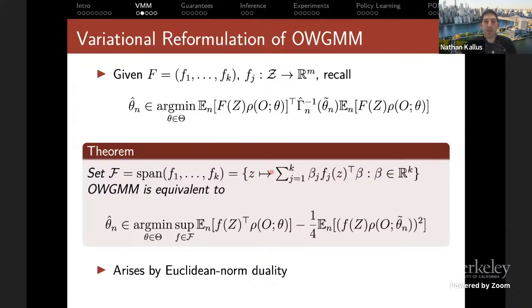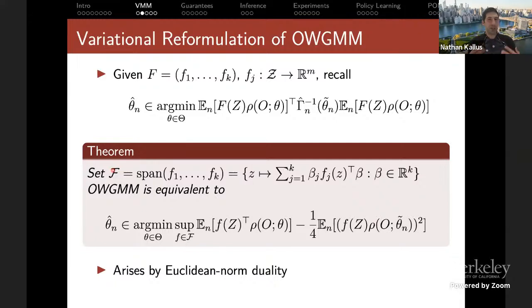We're going to look at mapping Z to some linear combinations of f_j. Then we can show that this optimally weighted GMM is equivalent to the following. You're going to minimize over theta the supremum over all functions f in the span.